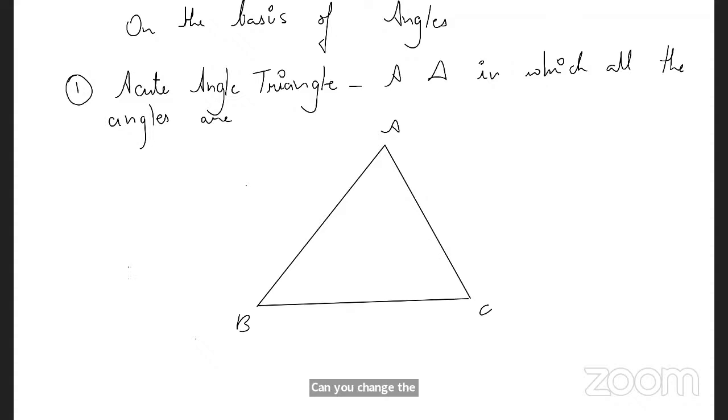In a scalene triangle, you may have an angle which is more than 90 degrees. But in an acute angle triangle, every angle will be an acute angle, every angle will be between 0 and 90.